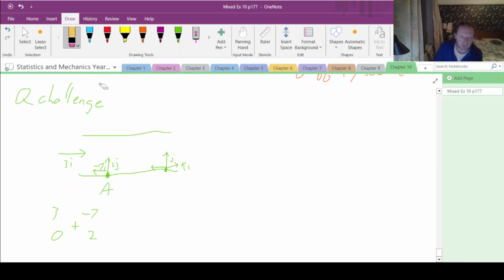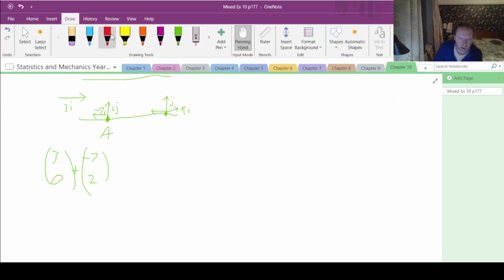So the resolution of the forces on boat A will be minus 4 and 2, which is minus 4I plus 2J. So it will look something like going minus 4 this way and then plus 2 this way, meaning it's going out in this sort of direction.